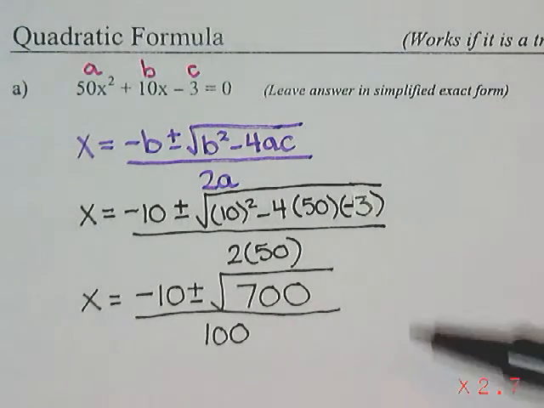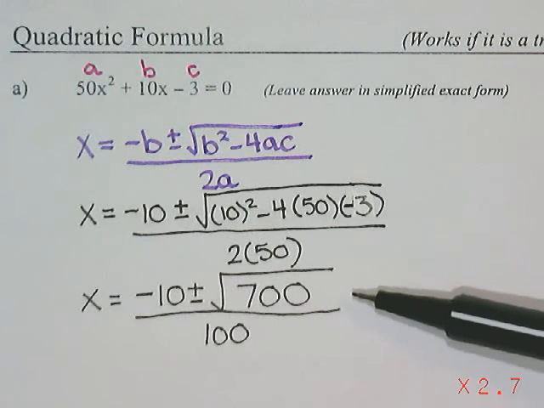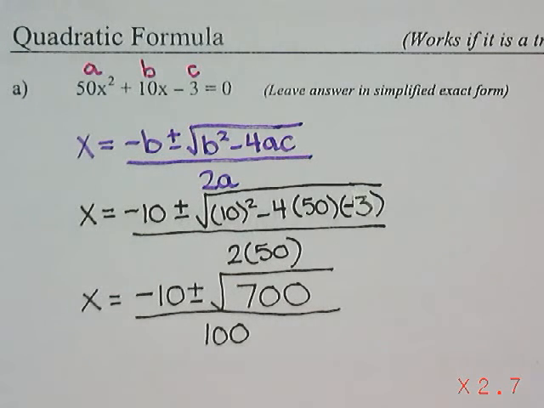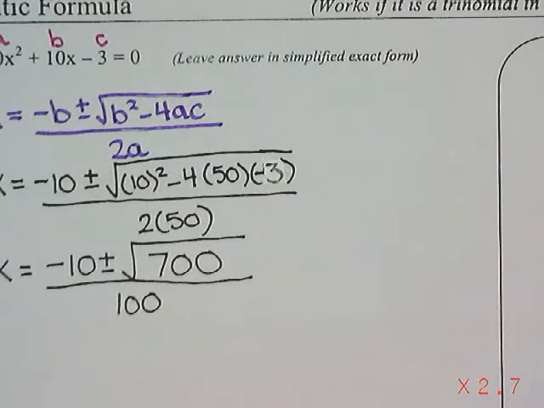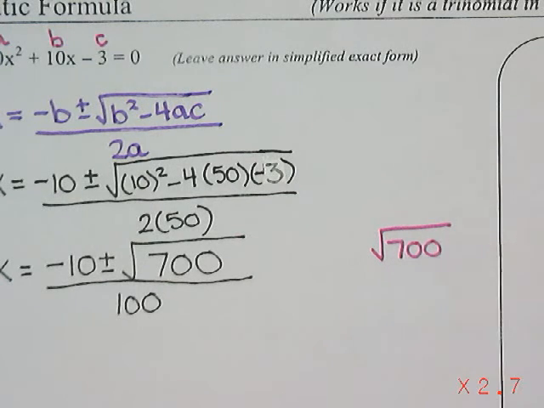I can't really do anything with this if I want an exact value, but what I can do is see if we can write the square root of 700 as a mixed radical. I'll take that off to the side. I noticed that it ends in 2 zeros, and that to me is a clue that it divides by 100.